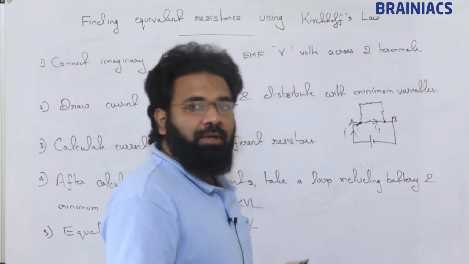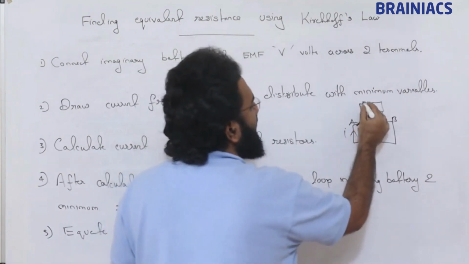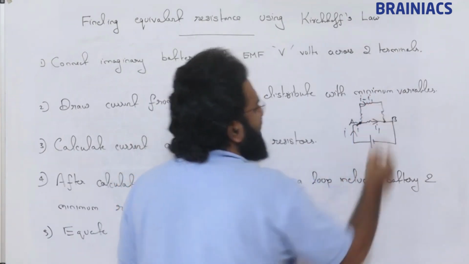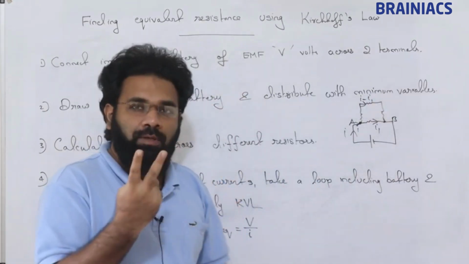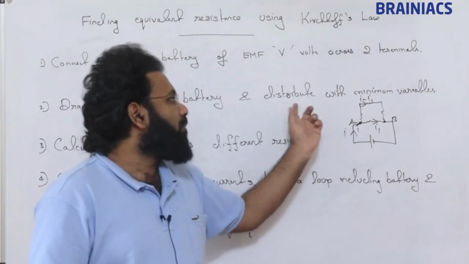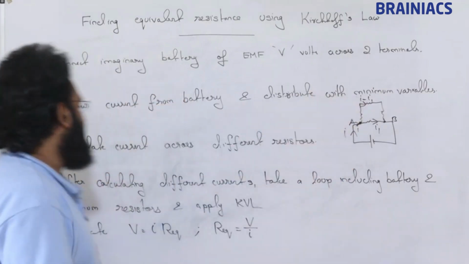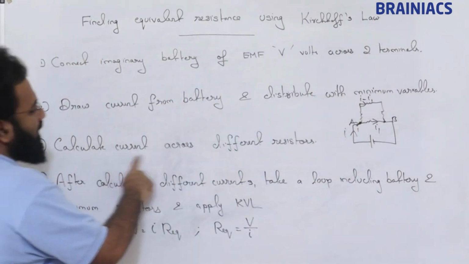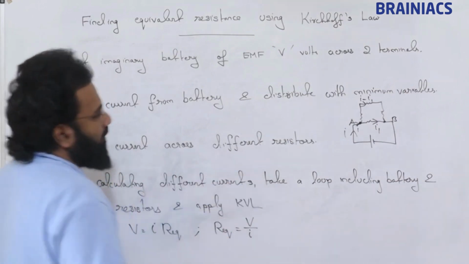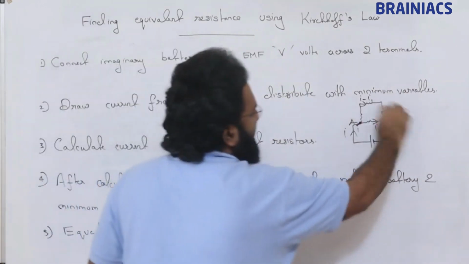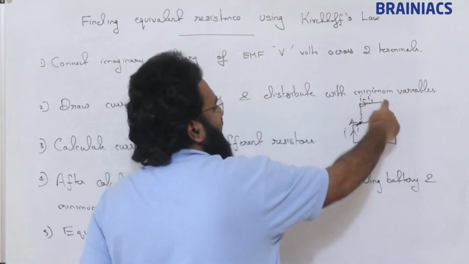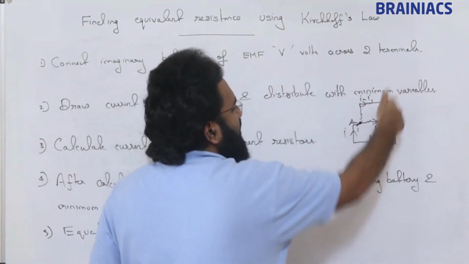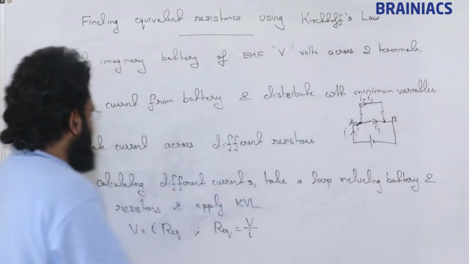So instead of putting I2, what we can do here is I minus I1. So we have restricted to two variables. Likewise with the minimum variables, just distribute the current. Then calculate current across different resistors. Whichever branches are there, distribute the current like that. Sometimes I minus I1 plus I may come, plus I2 may come, likewise.